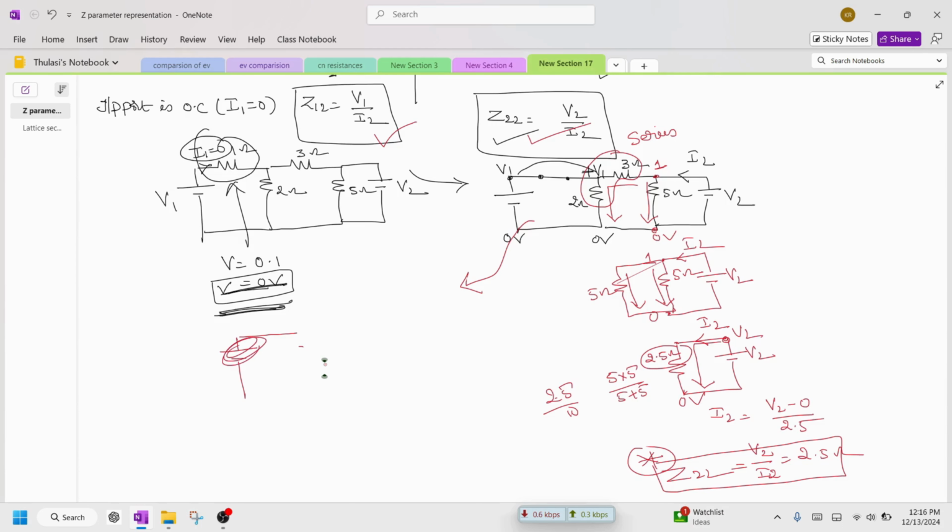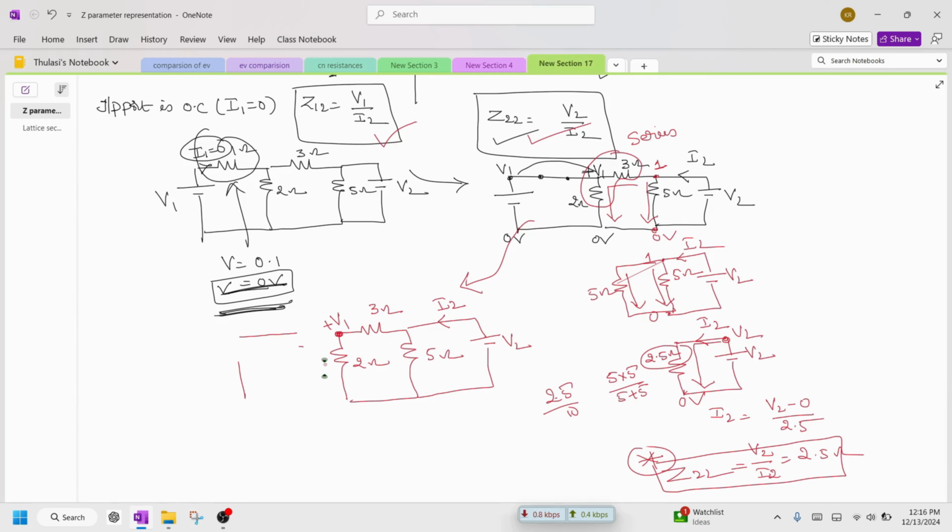There's no need of voltage source, directly you can take from here. So you are having this branch and this branch and this branch. This is of 5 ohm, this is of 3 ohm, this is of 2 ohm, this is V1, and here we are exciting with V2 and current drawn is I2.